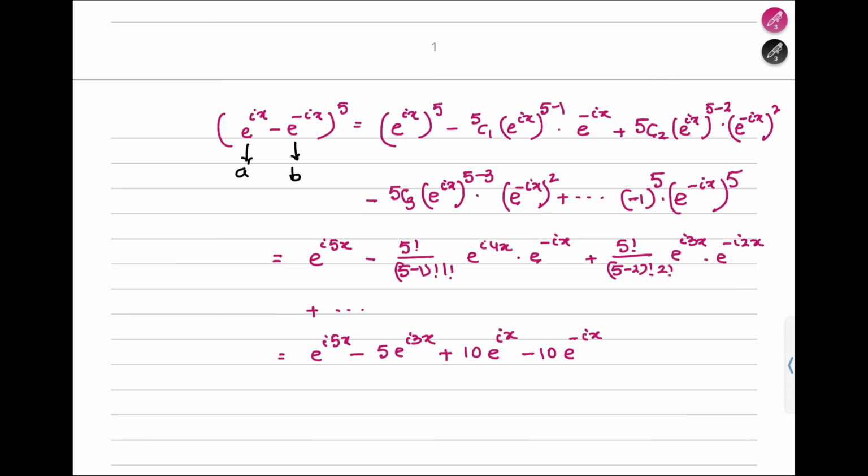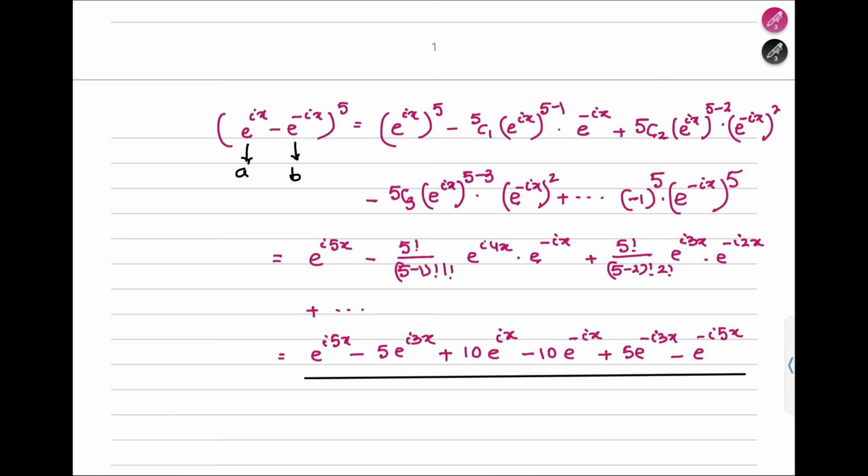It is nothing but a mirror image of the other positive values, mirror image of the negative, plus 5 into e to the power of minus i 3x minus e to the power of minus i 5x. This is the value we have got. It's a very simple mechanical way of expressing (a plus b) to the power of n.